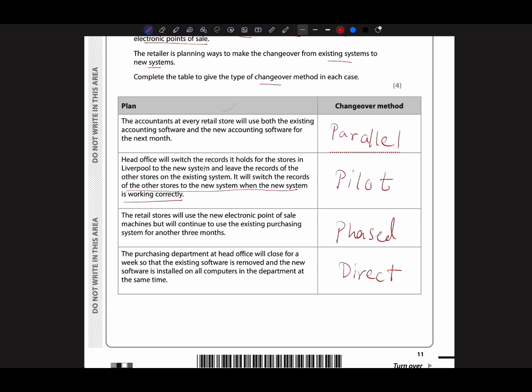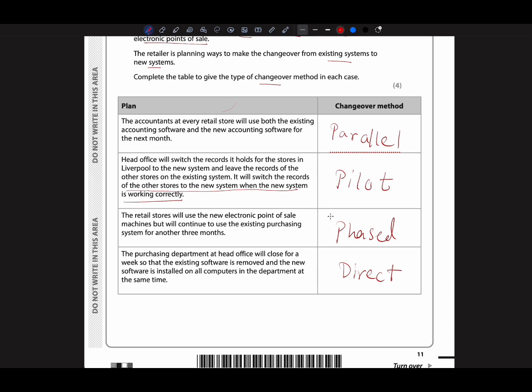Only for the Liverpool store do they shift the record to the new system. It will switch the records of the others to the new one when the new system is working perfectly. That means the new system is still not working perfectly, right? So this is an example of different types of changeover.